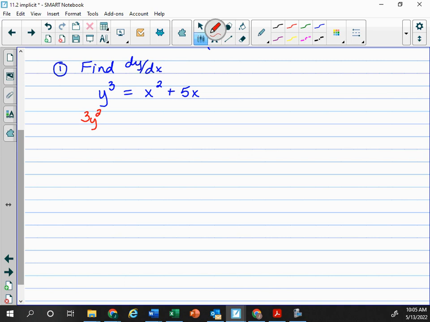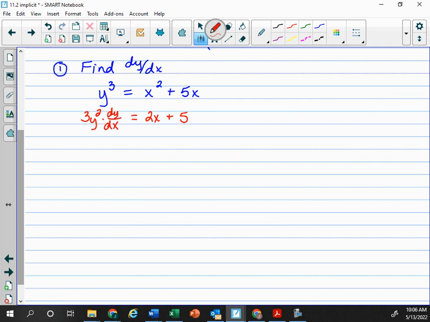Anytime you take the derivative of a y term, you have to say times dy dx, because we're taking the derivative of y in terms of x. Now, what do you think is going to be on the other side of this equal sign? 2x plus 5. You could write 2x dx dx plus 5 dx dx, but we still don't need those. So 2x plus 5, nothing has changed there.